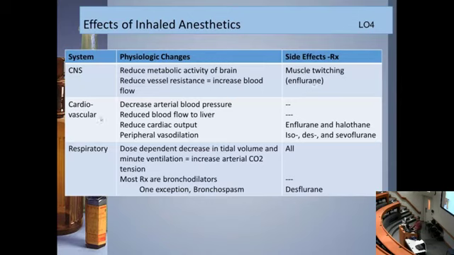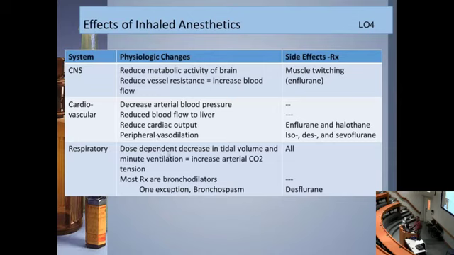From the cardiovascular arena, we would see reduction in arterial blood pressure. We would see reduced blood flow to the liver, an inhibited or reduced cardiac output, and some peripheral vasodilation. And so enflurane and halothane are kind of notorious for the reduction in cardiac output. And then all of the fluorines listed here would produce peripheral vasodilation.